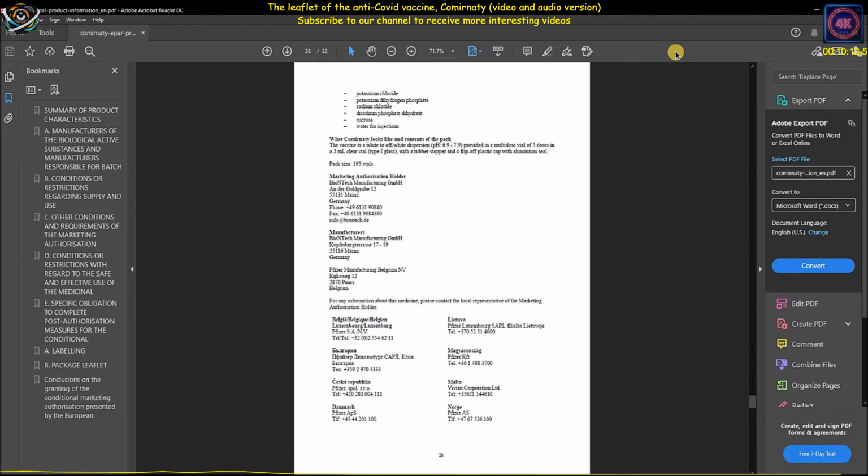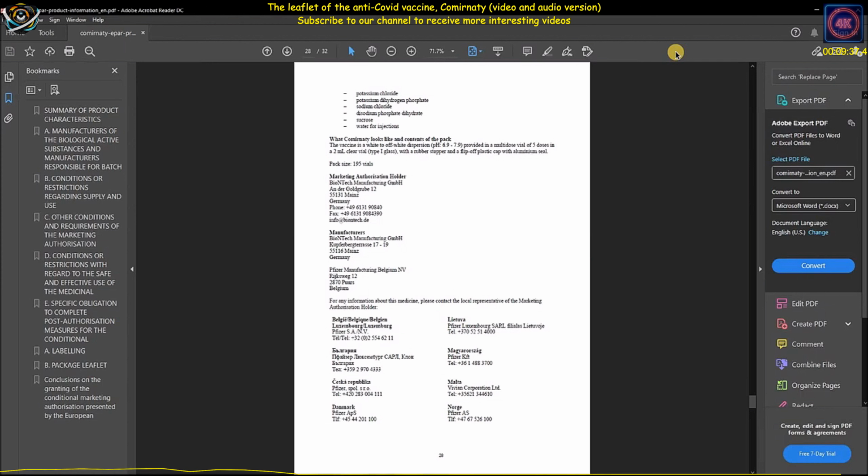Manufacturers: BioNTech Manufacturing GmbH, Kupferbergterrasse 17 to 19, 55116 Mainz, Germany. Pfizer Manufacturing Belgium NV, Rijksweg 12, 2870 Puurs, Belgium. For any information about this medicine, please contact the local representative of the marketing authorization holder. Belgique/Belgien.